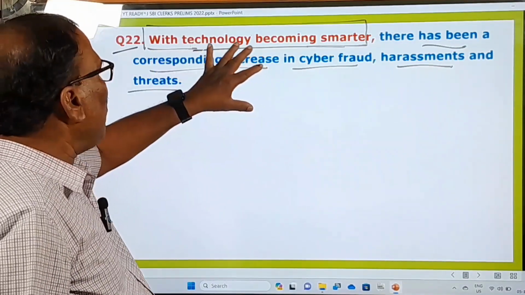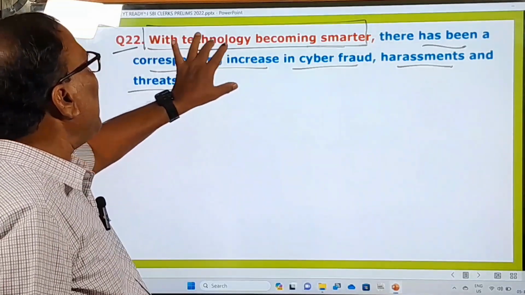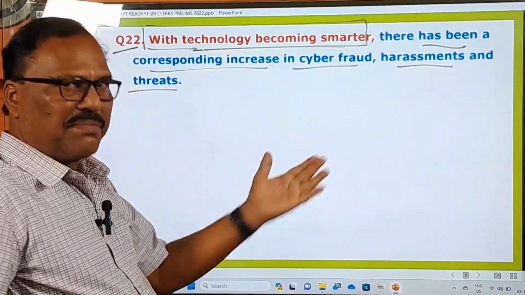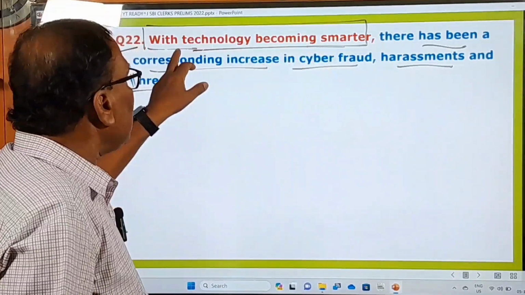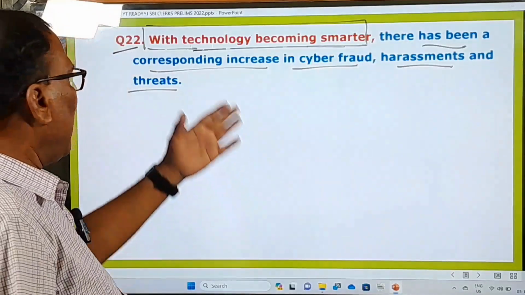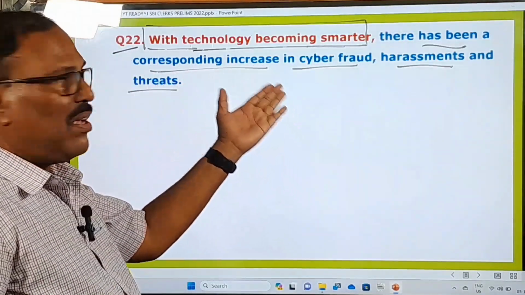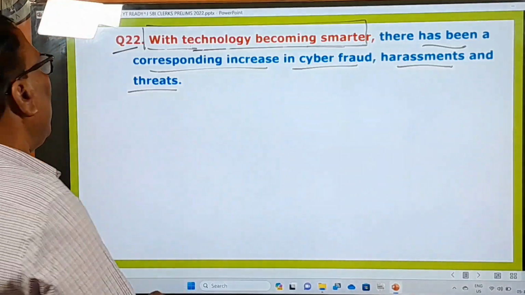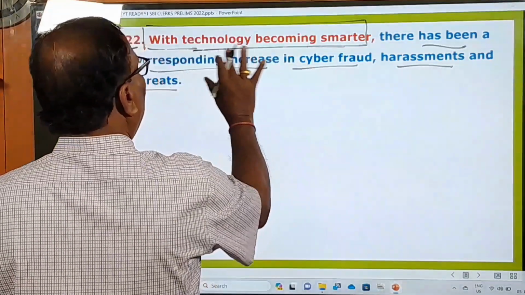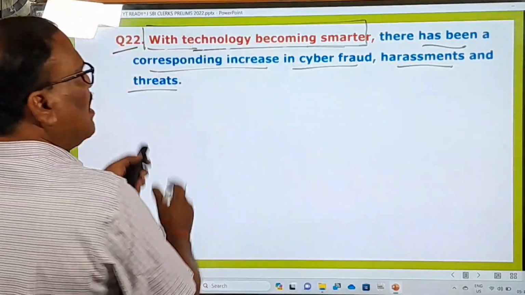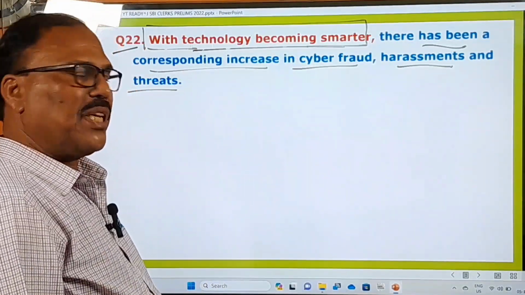So if you have observed this, you don't find any grammatical error. With the technology becoming smarter, that means as the technology has become smarter, there has been a corresponding increase in cyber fraud, harassments, and threats. So here I don't think there is any need of correction, because the whole sentence is grammatically absolutely correct.